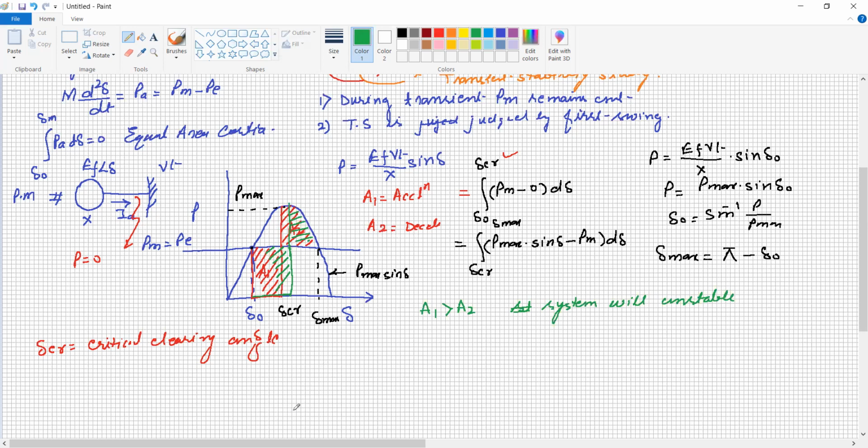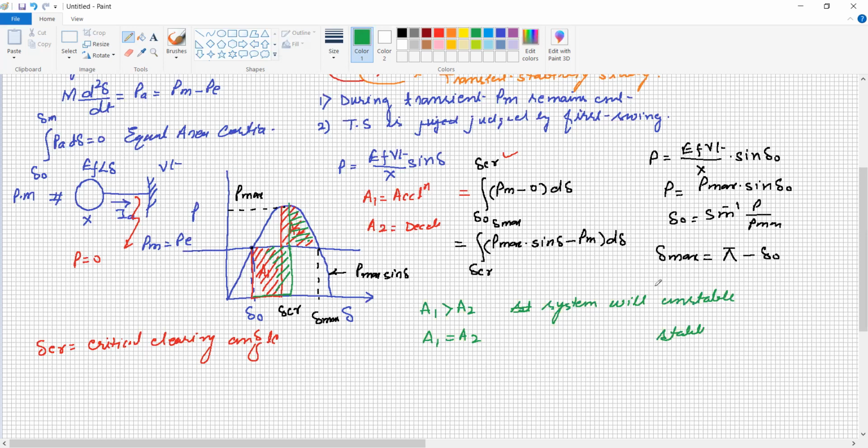Okay. The system is going to be stable only when area A1 is equal to area A2. So our stability criterion for transient stability is that when the acceleration area is equal to the deceleration area, or the deceleration area is greater, the system is stable.